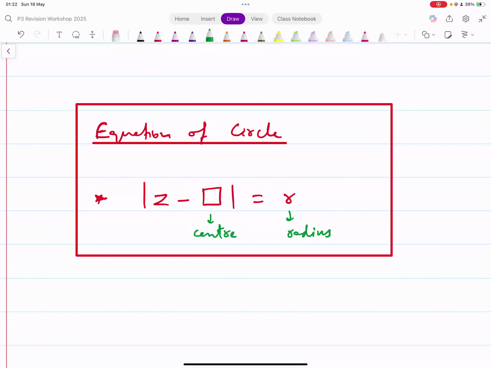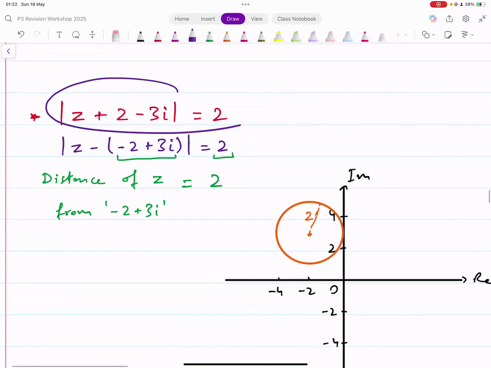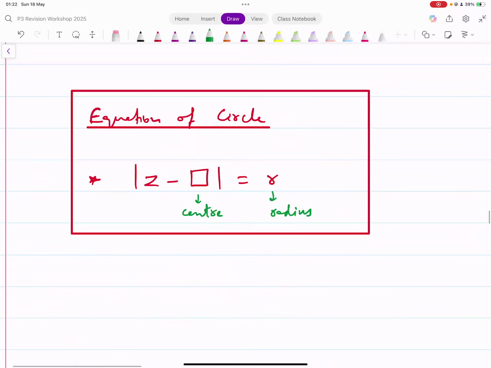But in complex numbers on an Argand diagram, we can use this form for equation of a circle as well: modulus of z minus some point equals r. The number on the right side represents the radius, and this represents the center. Okay, you can write it. So this is equation of a circle with minus 2 plus 3 iota as the center and 2 as the radius.